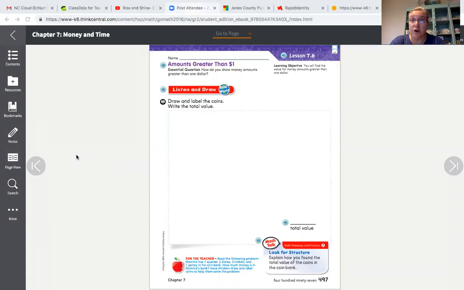We need 1 quarter, 2 dimes, 3 nickels, and 1 penny. Draw the coins, add it up, and tell me how much does Dominic have in his bank.